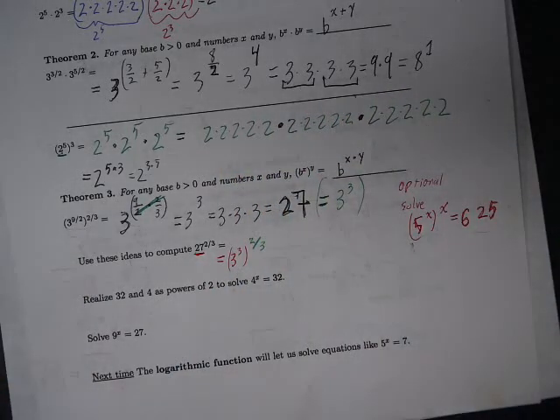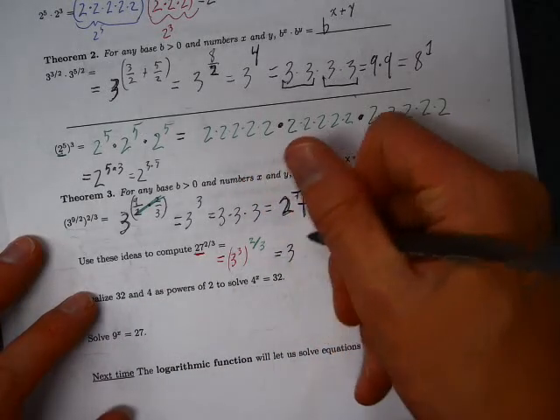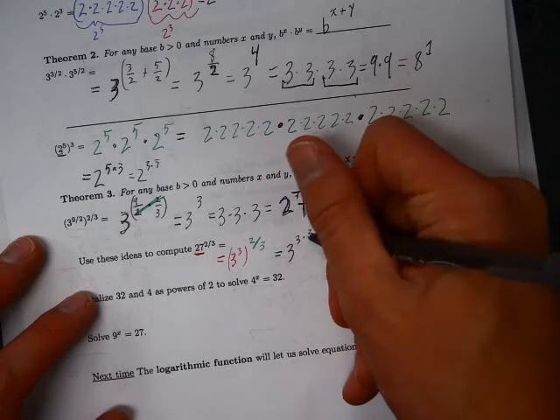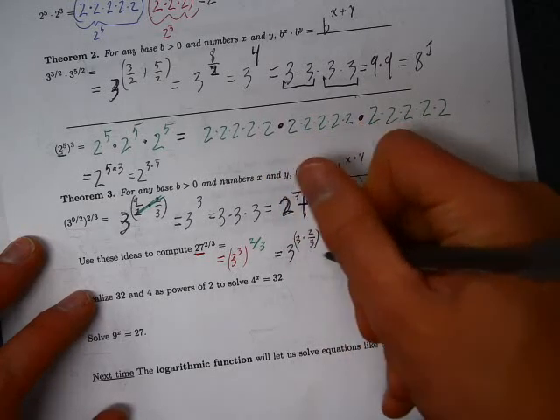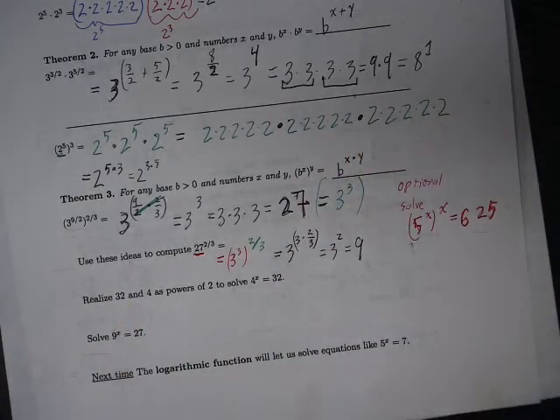Oh, well, hey. That's an exponential of an exponential, so I can multiply the exponents. That's the same thing as 3 to the 3 times 2 over 3, which is 9.